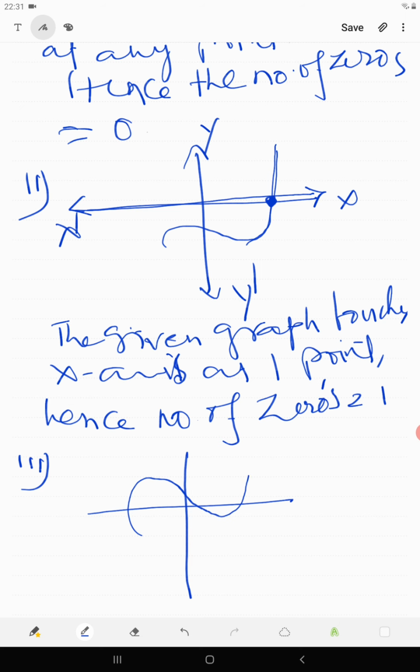If you see over here, this graph is meeting at one x point, two x point, and three x point. Correct? So it is touching this x-axis at 3 points. You see this?